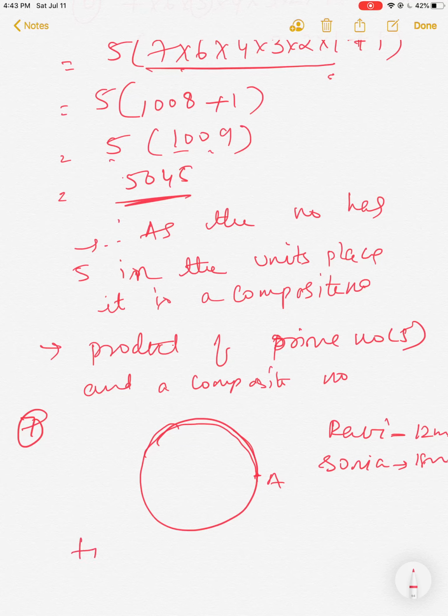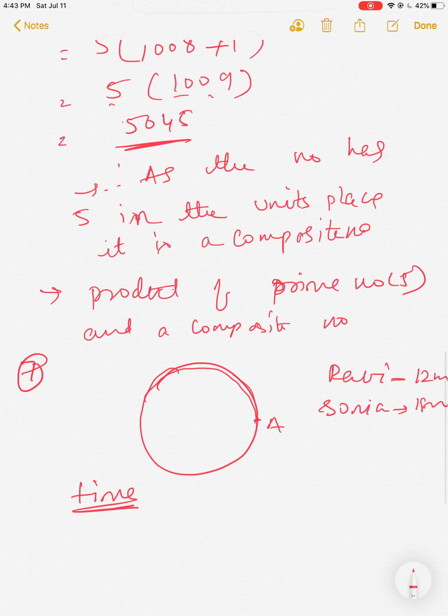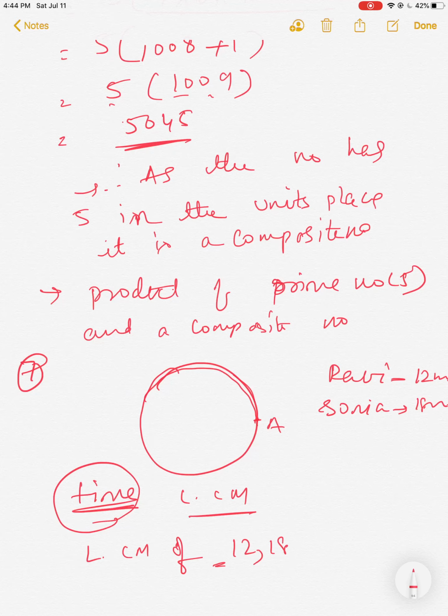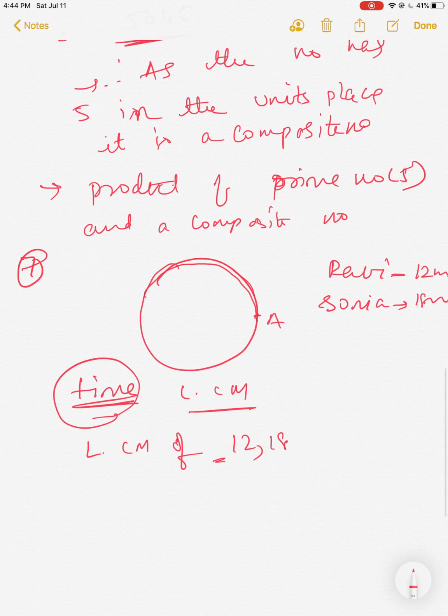Always remember, for the maximum time I told you to take the HCF. Here, what is the minimum time they will be meeting? So you have to take the LCM of 12 and 18. At that time they will be meeting again.